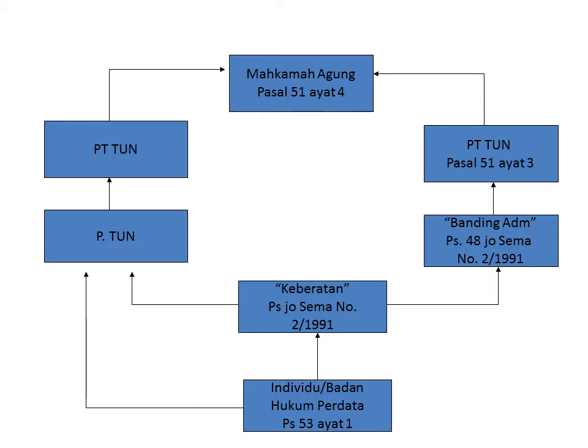So the legal case in administrative court starts when there is an individual or a private legal entity, badan hukum perdata, who feels disadvantaged by the issuance of the decree of the administrative body or government officer, which has been explained at the previous part.